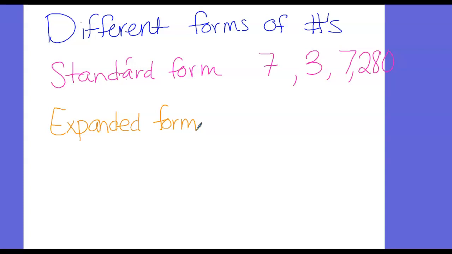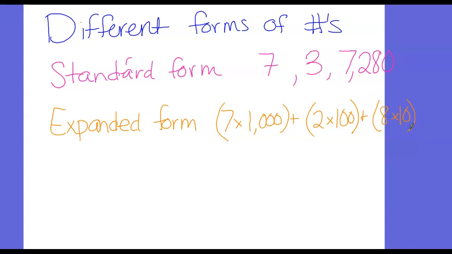So if I was to write 7,280 in expanded form, I would write 7 times, since the 7 is in the thousands place, times 1,000, plus 2 times, it's in the hundreds place, so times 100, plus 8 times, it's in the tens place, so times 10. Okay, that's expanded form.